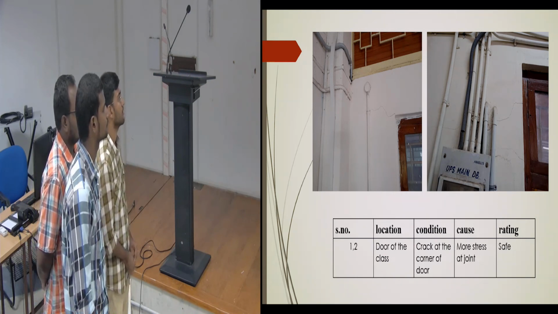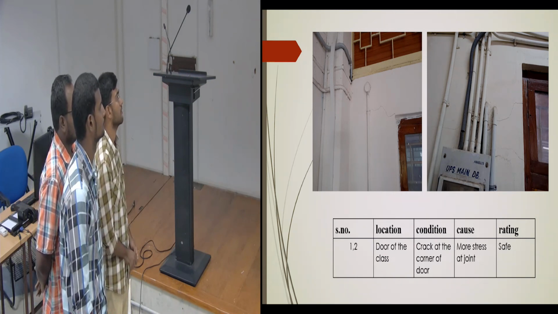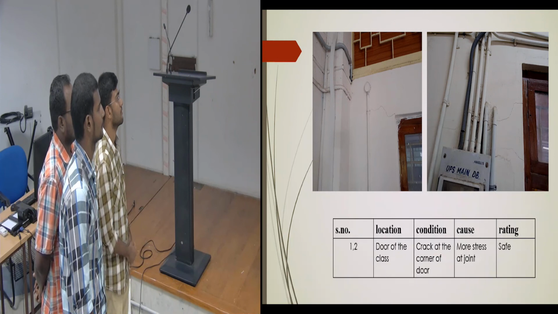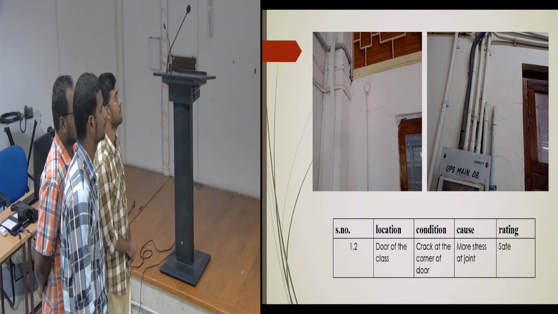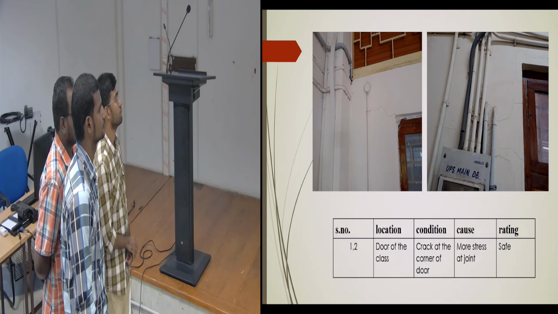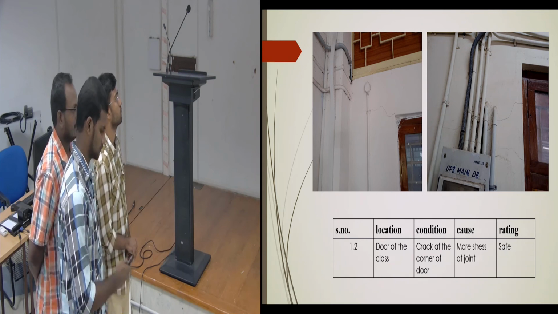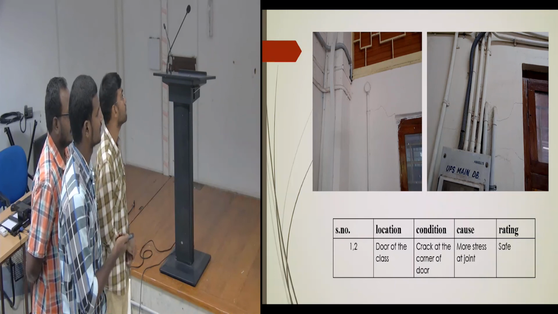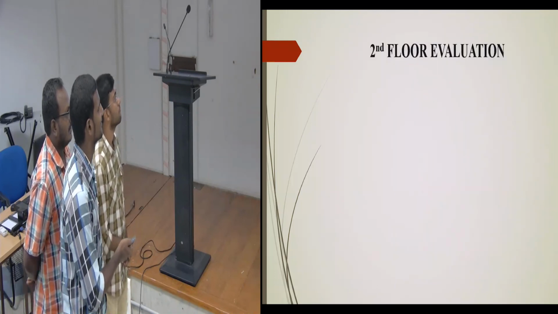But here, when they did the piping, they might have used hammers and chiseled it. At the time, due to the lack of space, some minor cracks would have developed. So we rated it as safe only. Safe, yes.